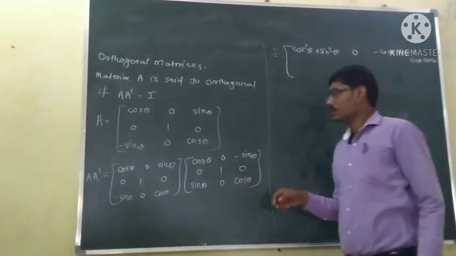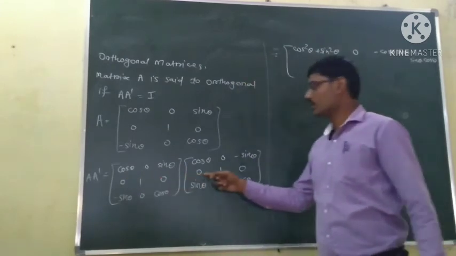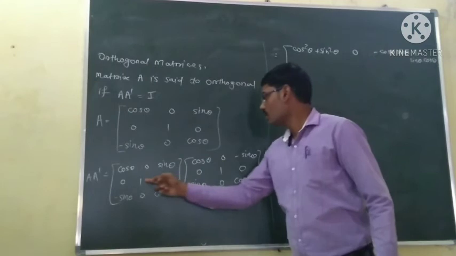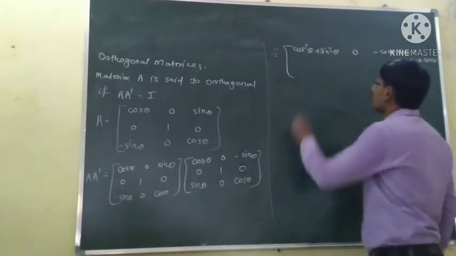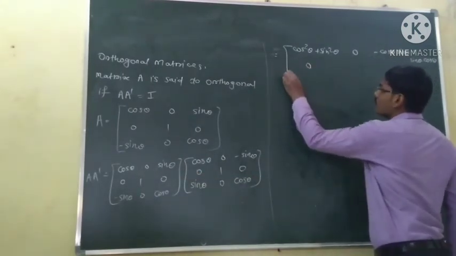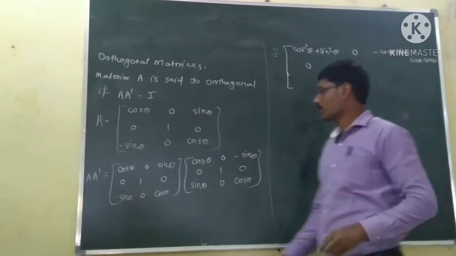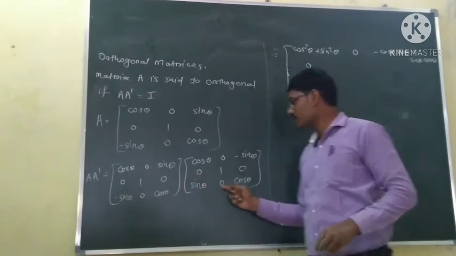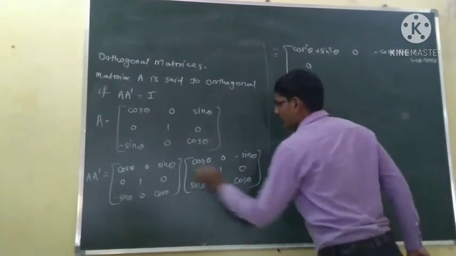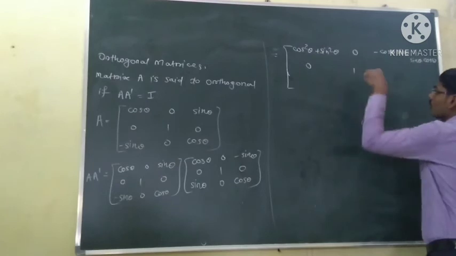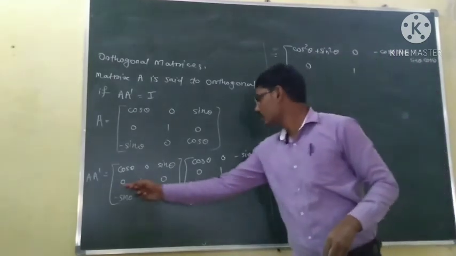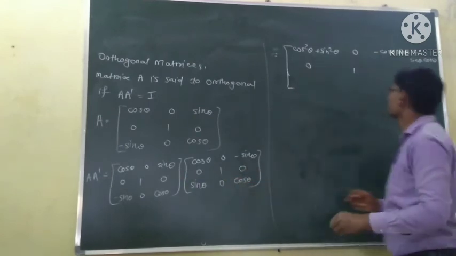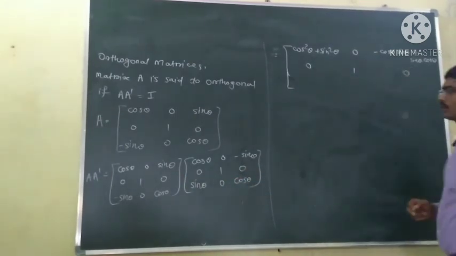Now second row, first column: 0 into cos theta, 1 into 0, 0 into sin theta. So here it is equal to 0. Now second row, second column: 0 into 0, 1 into 1 is 1, 0 into 0 is 0. So only 1 into 1 is 1. And then second row, third column: 0 into minus sin theta, 1 into 0 is 0, and 0 into cos theta is 0. So it is 0.